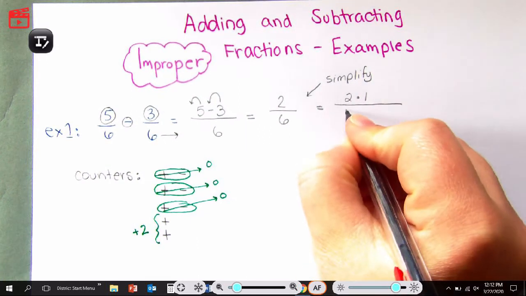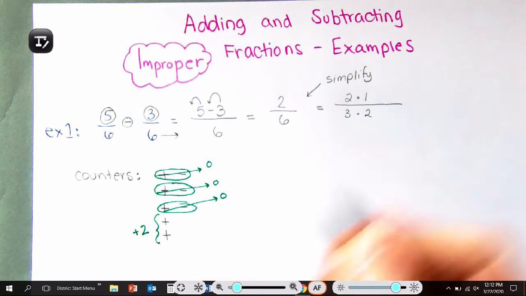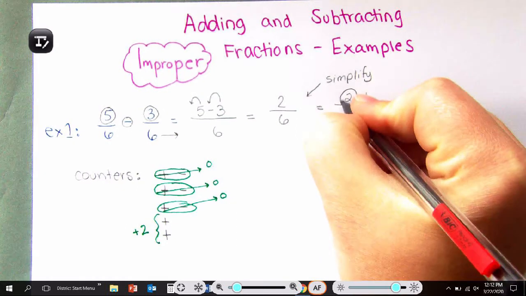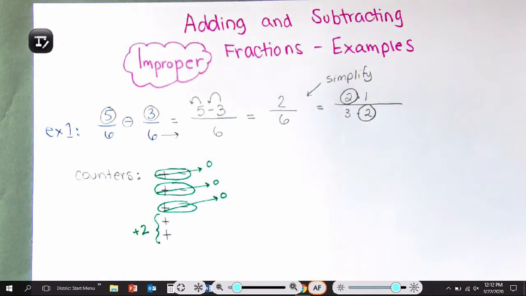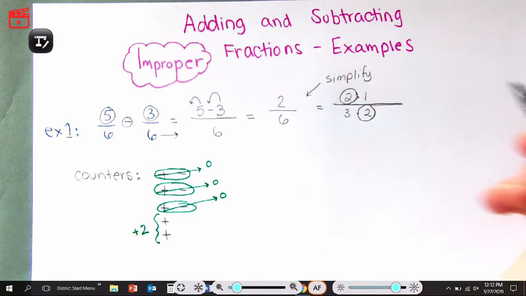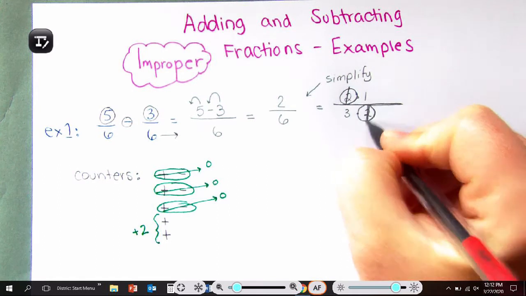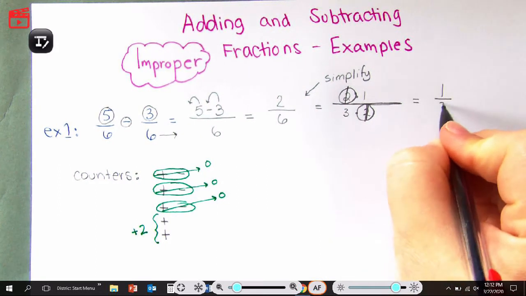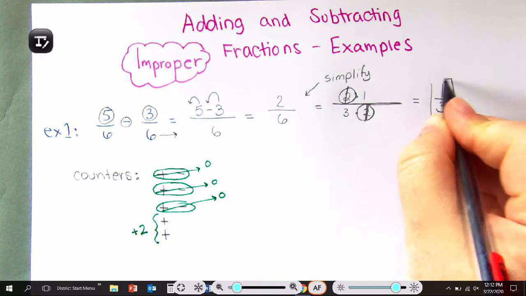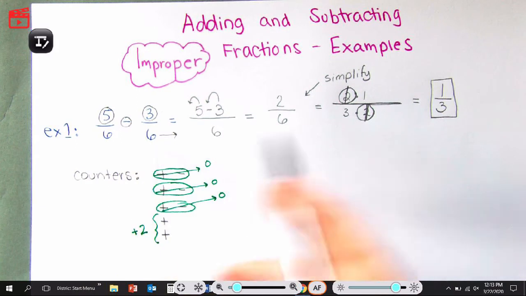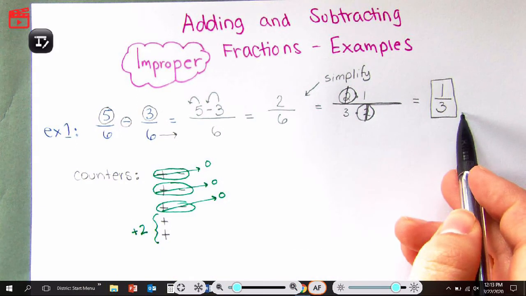I'm going to write 3 times 2. I'm going to cancel out or undo the same numbers. For example, I see a 2 on top and a 2 on the bottom. So I'm going to divide that. This line in a fraction means division. And so what am I left with? I'm left with 1 on top and 3 on the bottom. So 5/6 minus 3/6 is 1/3.